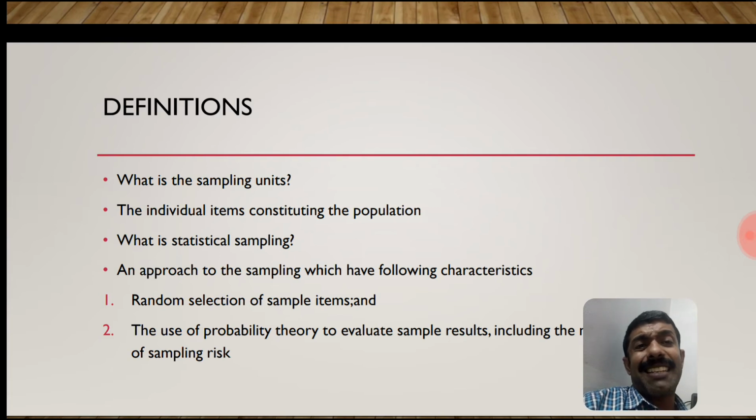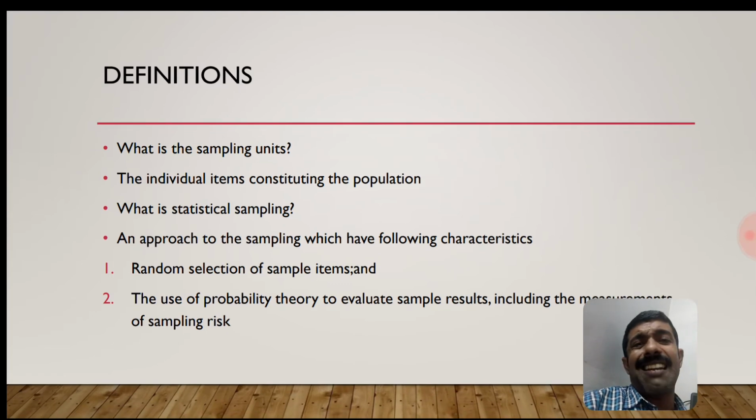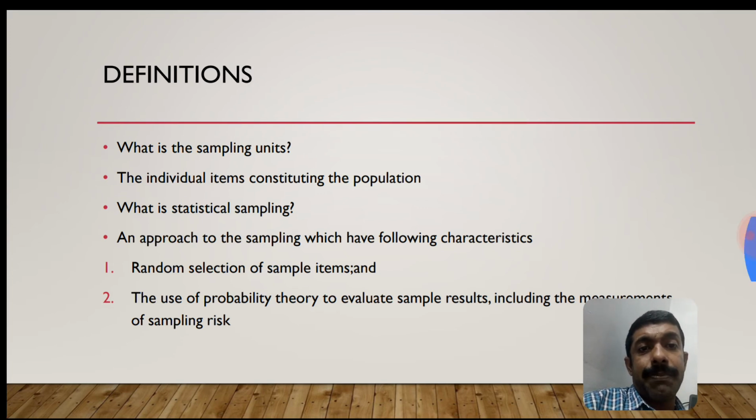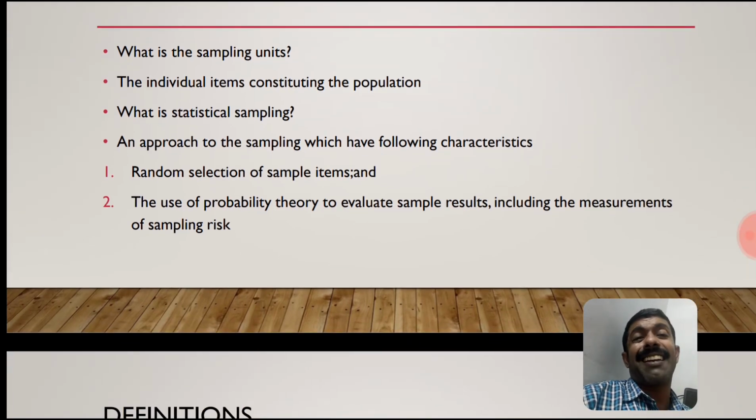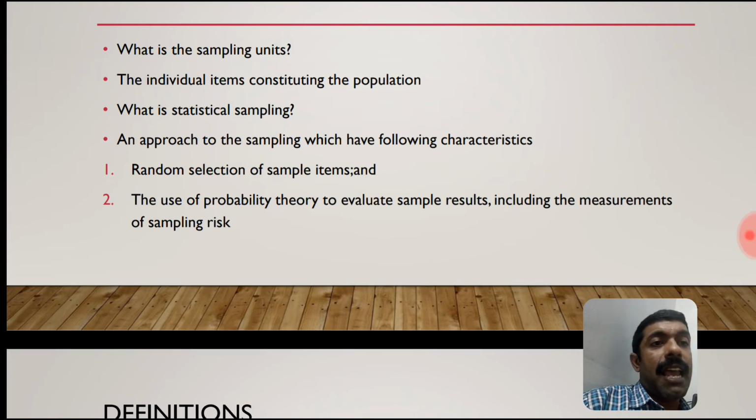What is statistical sampling? For meeting the criteria of statistical sampling, it should meet two conditions: random selection of sample items, and the use of probability theory, that is the statistical based theory, to evaluate sample results, including measurement of sampling risk.